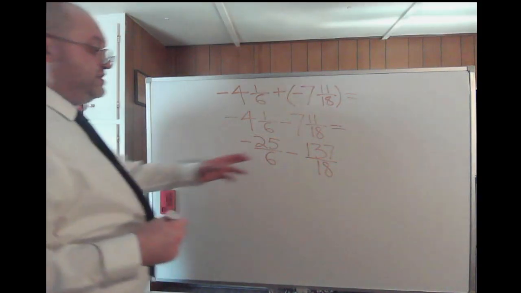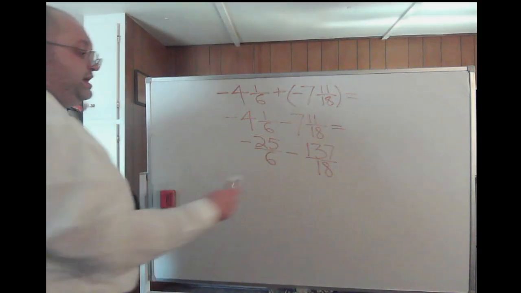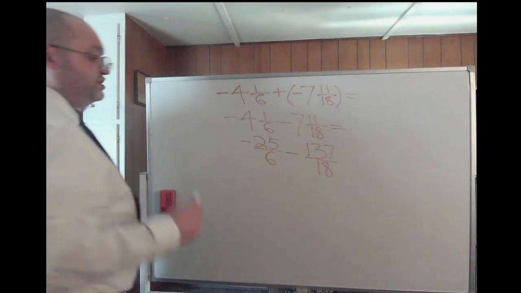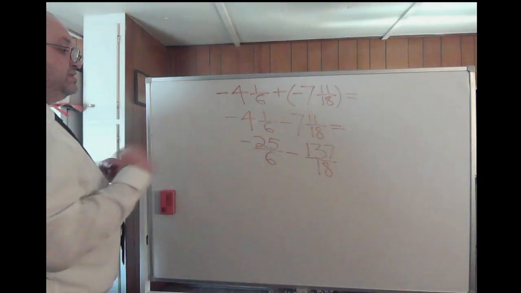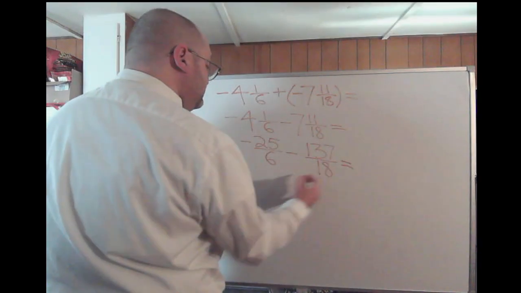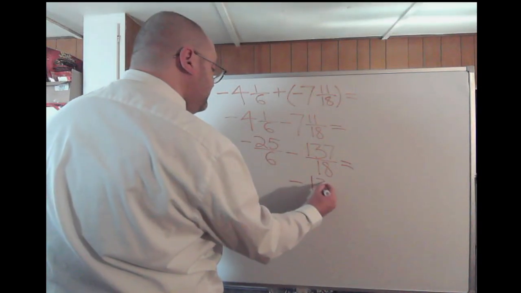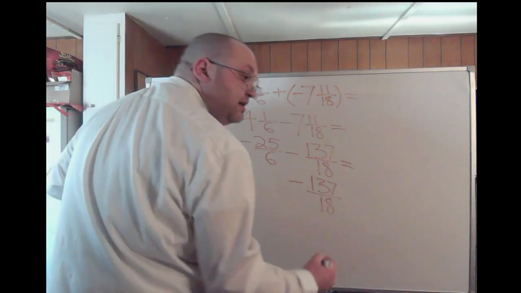So now we've converted these into improper fractions. We need to get the least common denominator between 6 and 18. Well, the least common denominator between 6 and 18 is 18. So that means we can leave the 137 over 18 alone. That's already got the denominator we seek.